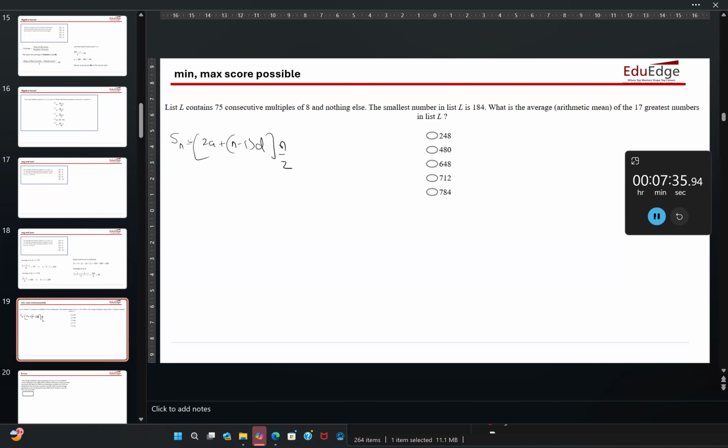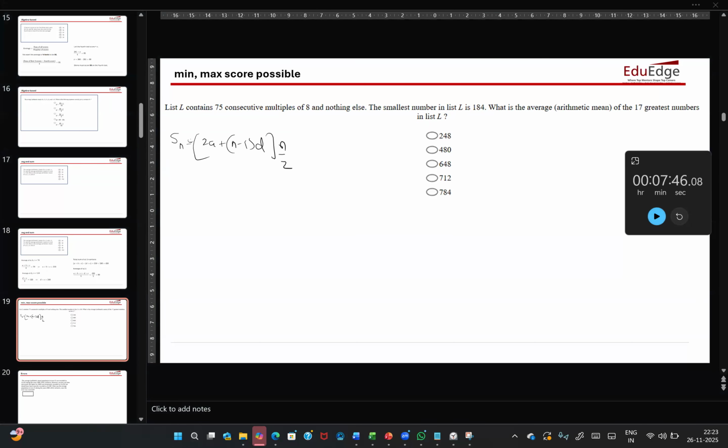Is it something close to 712? Yes, finally. I made multiple mistakes while doing this. It was a bit of a challenging problem.